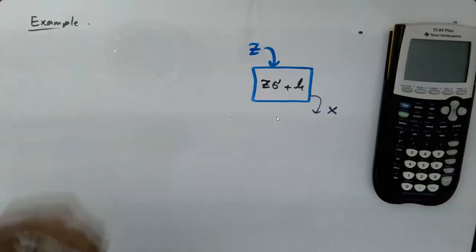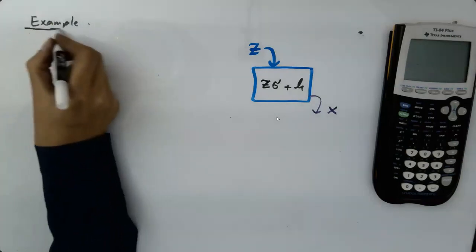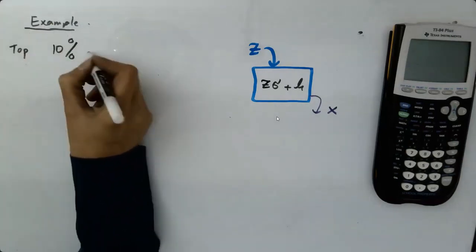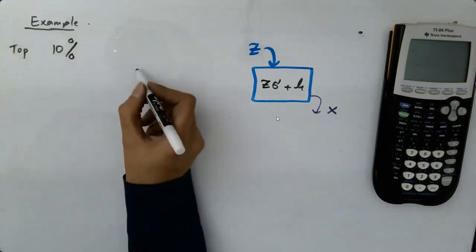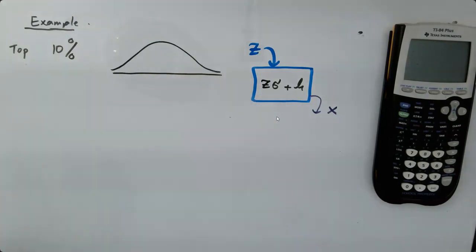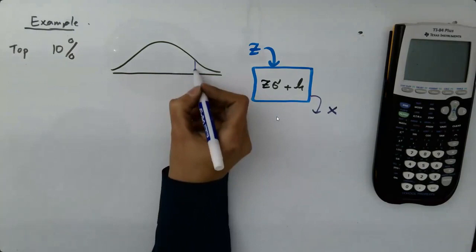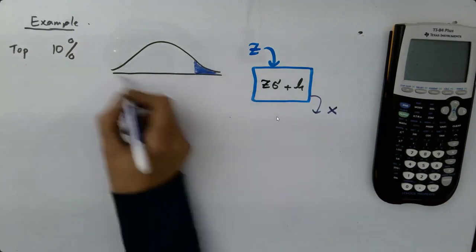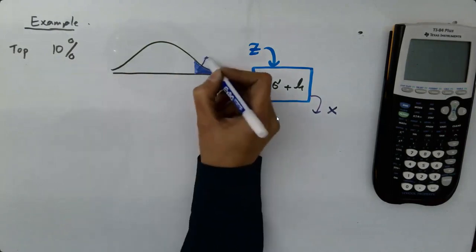So in this example, we know that it must be top 10%. Top 10%, where is that located? Let's take a look at your graph. This is my graph, top 10%. Top 10% is going to be here. 10% of 100%, but it is top 10%.